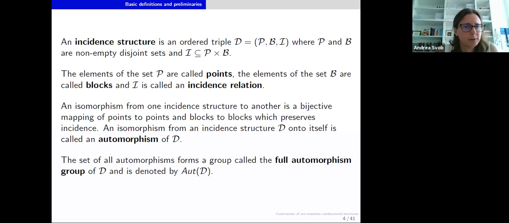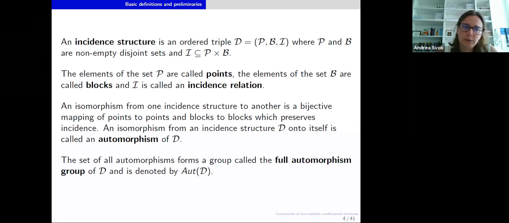Again, a very important mapping related to the incidence structure is an automorphism. We can define an isomorphism from one incidence structure to another as a bijective mapping of points to points and blocks to blocks, which preserves the incidence. And an isomorphism from an incidence structure D onto itself is called an automorphism of D. So in this talk we will be interested in the full automorphism group and automorphisms of the incidence structure.